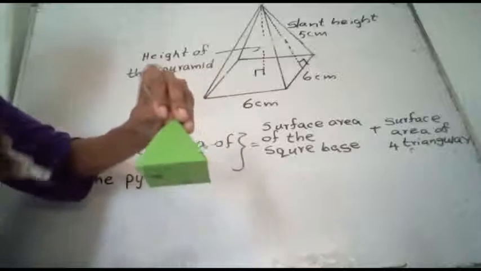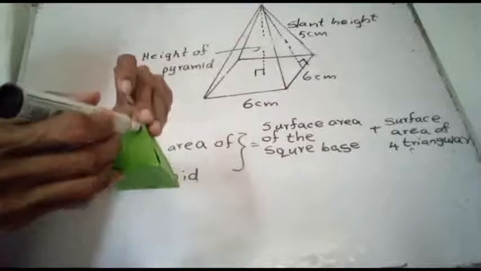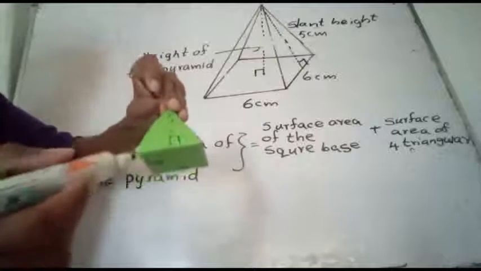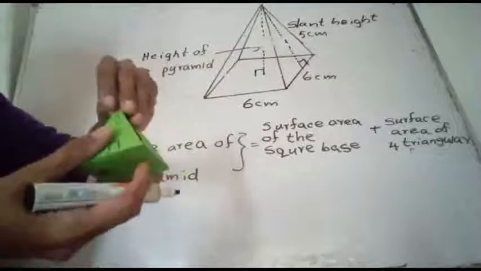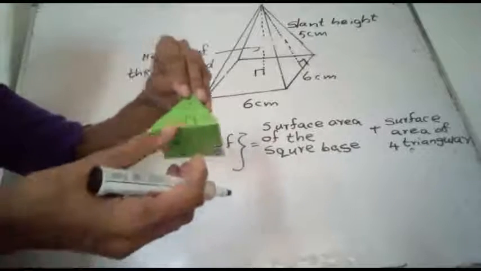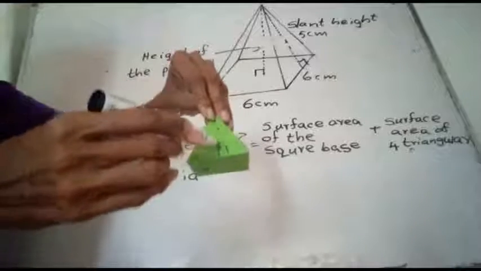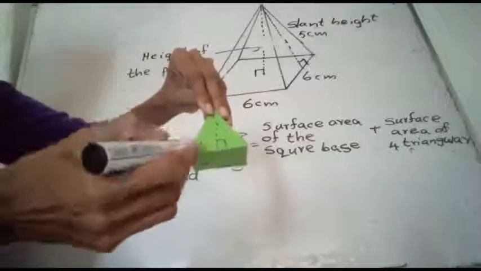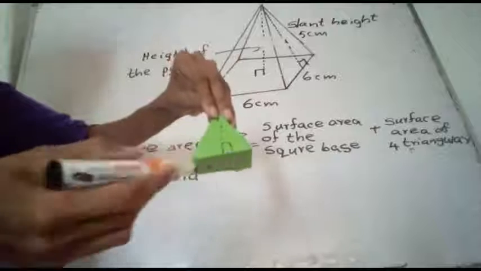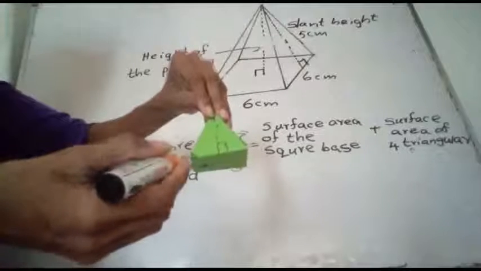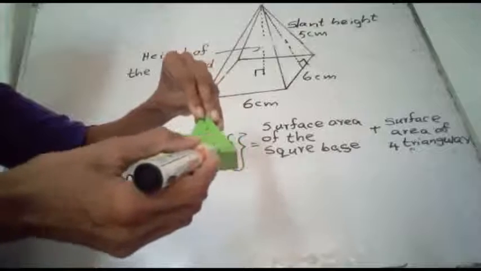Now, we are going to find the perpendicular height of this triangular surface. The side length of the square is 6 centimeters. This perpendicular height is the perpendicular bisector of this side.